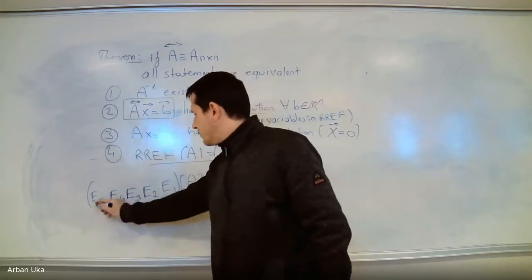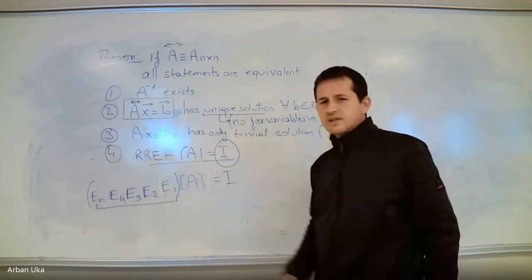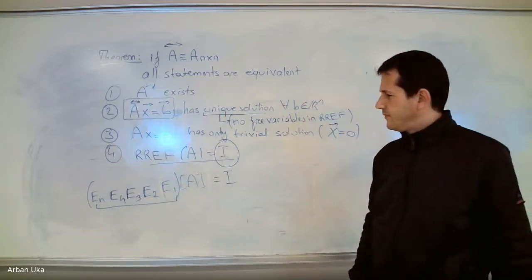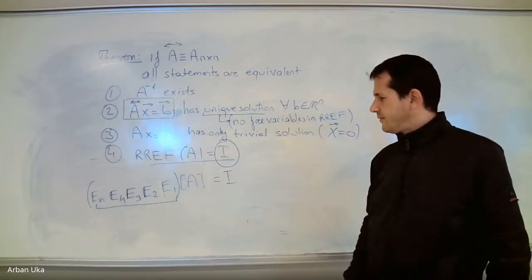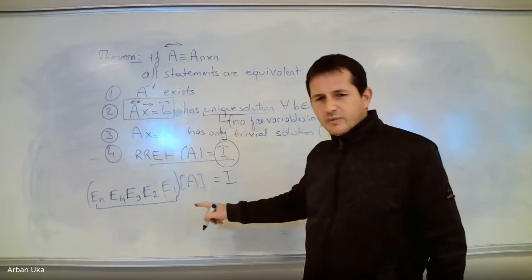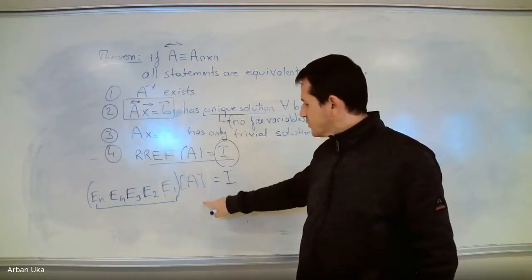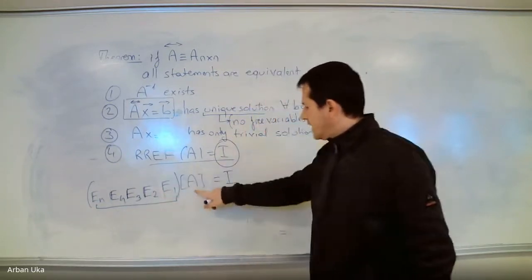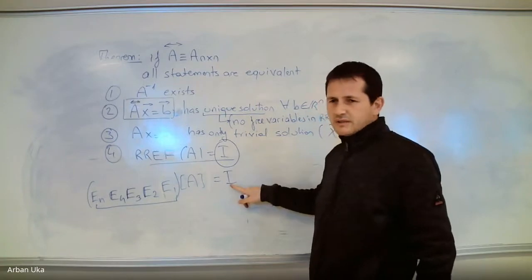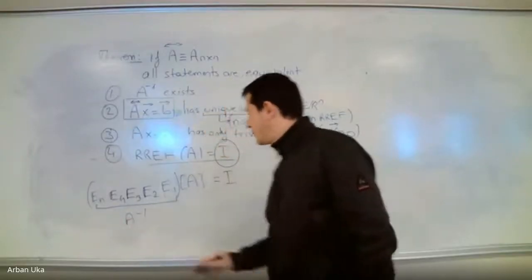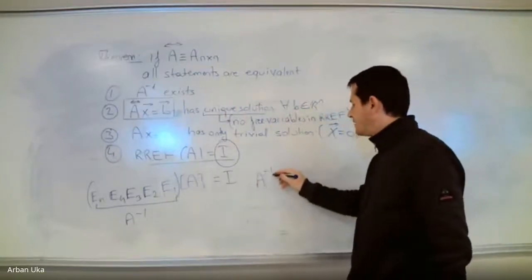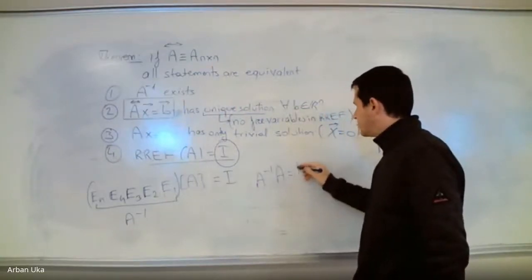In this case, what is the multiplication of all of these elementary operations? Elementary matrix. Thank you for answering, but think about this one. You have a matrix here times A, you get an identity matrix. A inverse. Correct, that's correct. So this is A inverse, so that's good.